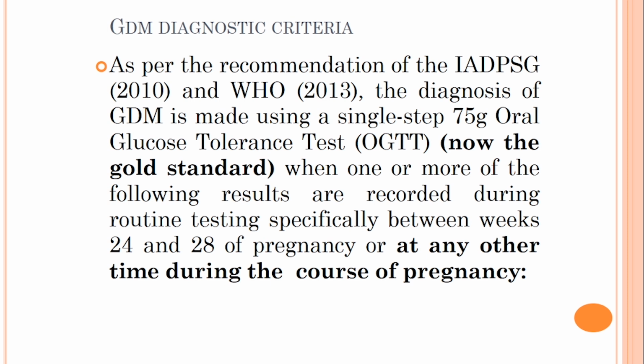When one or more of the following results are recorded during routine testing, specifically between 24 and 28 weeks, or at any other time during the course of pregnancy, then we are talking about GDM. I repeat, GDM can be diagnosed at any other time during pregnancy other than between 24 and 28 weeks.